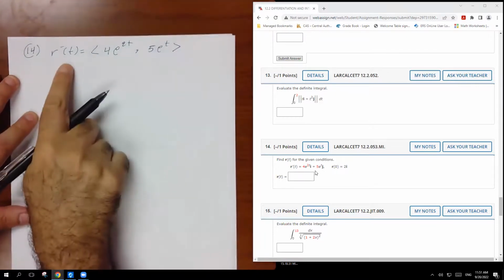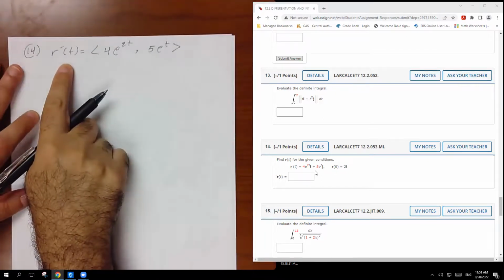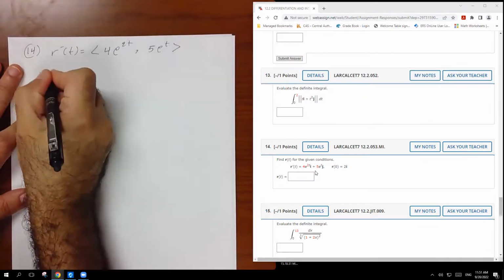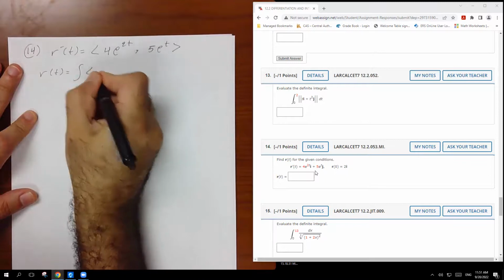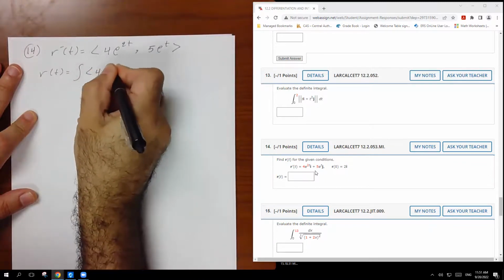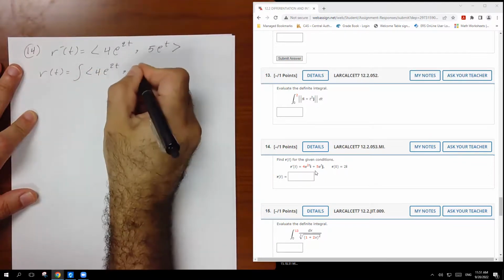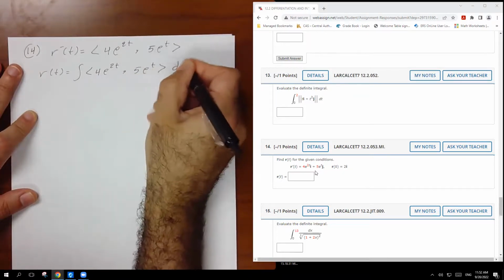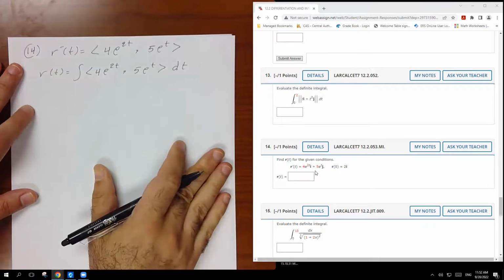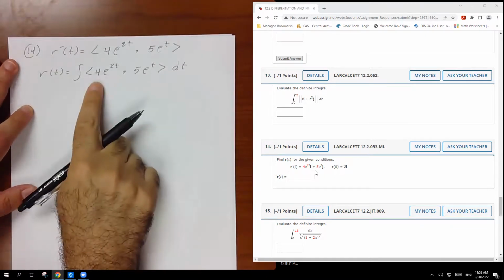So this is the prime. That means we need to find r of t. R of t is going to be the integral of 4e to the 2t and 5e to the t with respect to t.